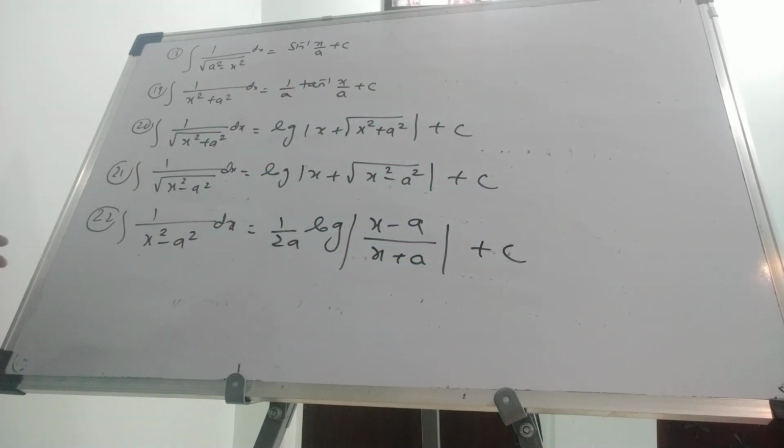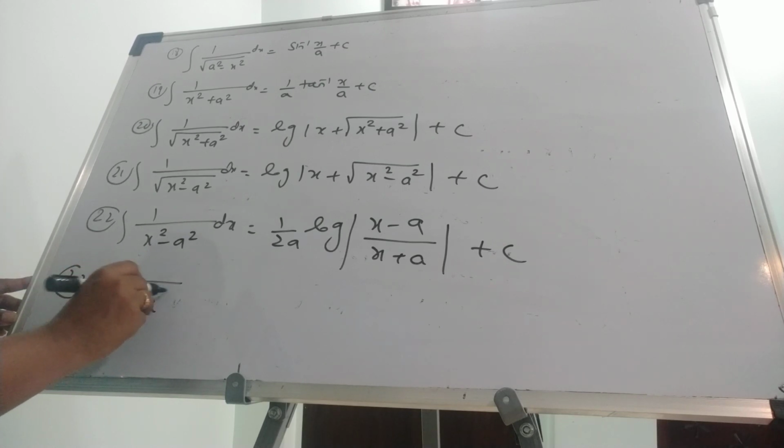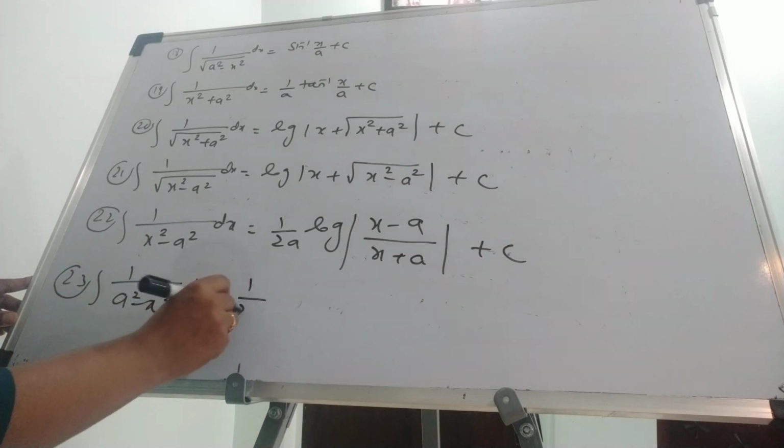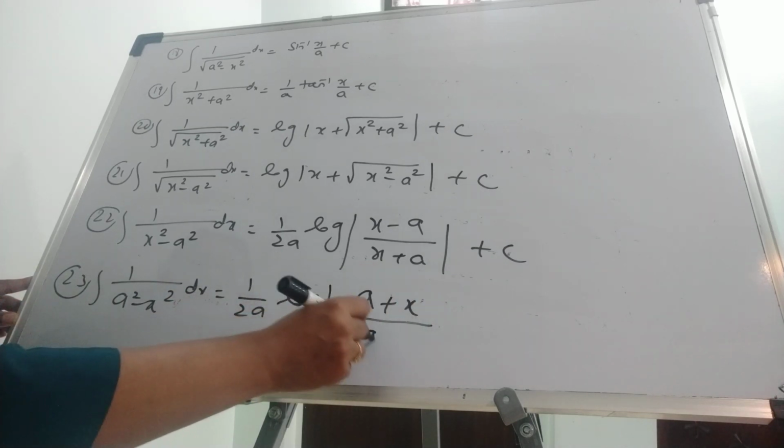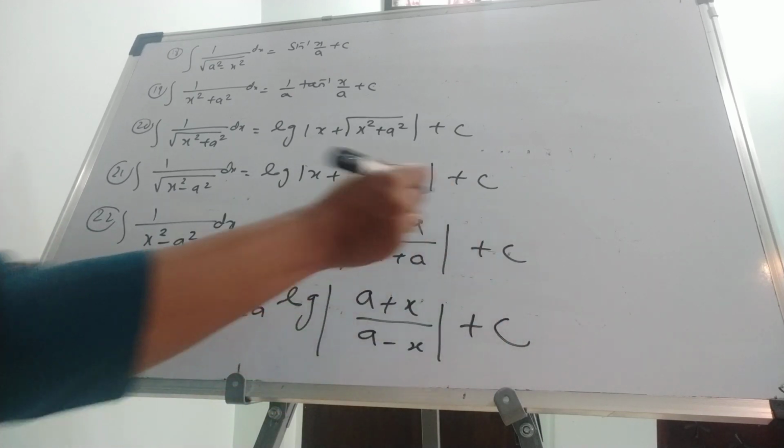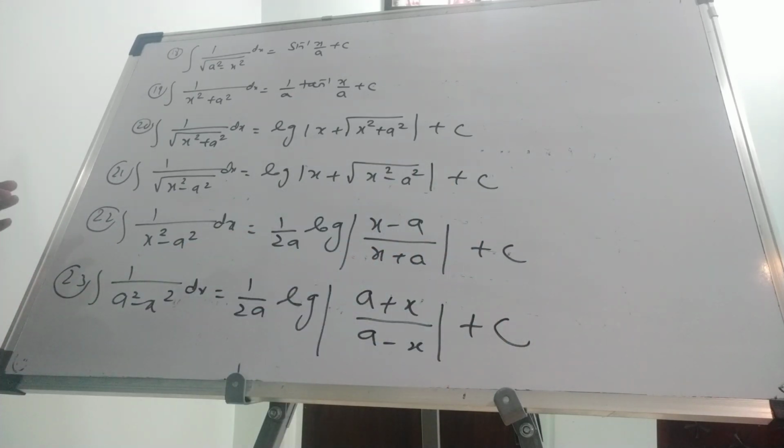Actually these are theorems which we will prove later. And 1 upon a square minus x square is 1 upon 2a log of a plus x upon a minus x plus c. Okay.